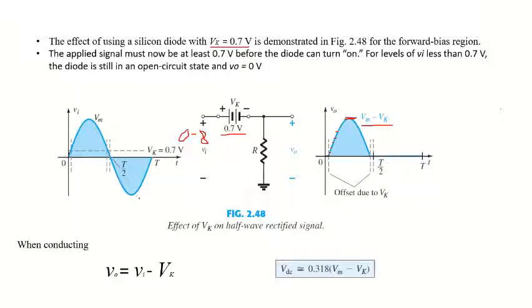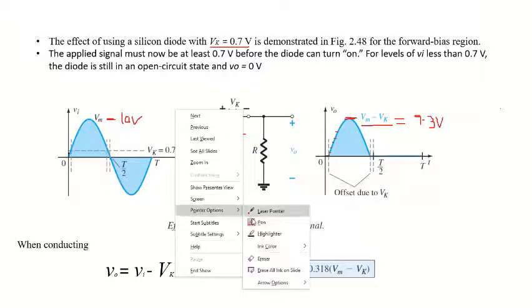So if for the input signal Vm is equal to 10 volts, then for the positive half cycle the output will be 9.3 volts, because the drop is 0.7 volt here.